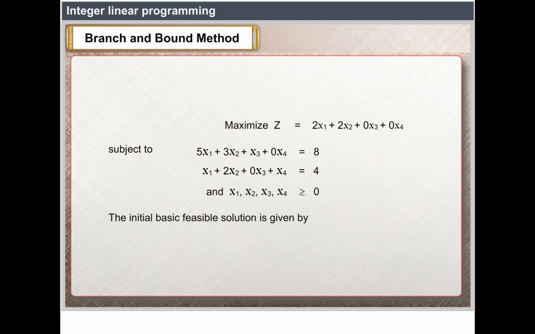The initial basic feasible solution is given by x3 equal to 8, x4 equal to 4. Initially we take the slack variables as basic variables and x1 and x2 as non-basic. By putting x1 equal to x2 equal to 0, we get x3 equal to 8 and x4 equal to 4.